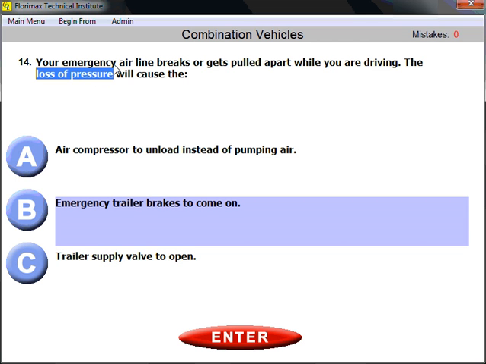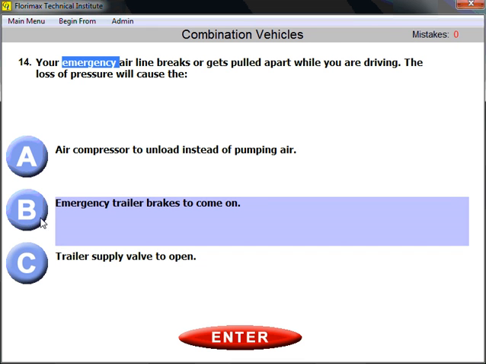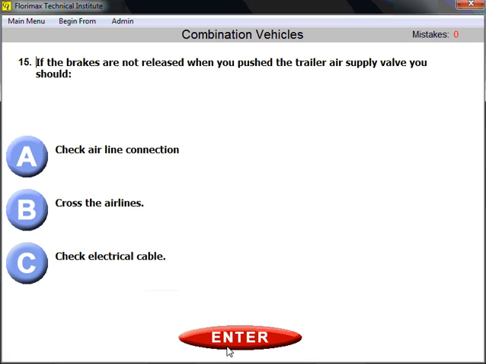That's why your emergency airline is called the emergency: when something happens to the pressure in the emergency line, it causes the emergency trailer brakes to come on. Emergency here in the question will help you identify the right choice. Emergency line, emergency brakes. Remember.